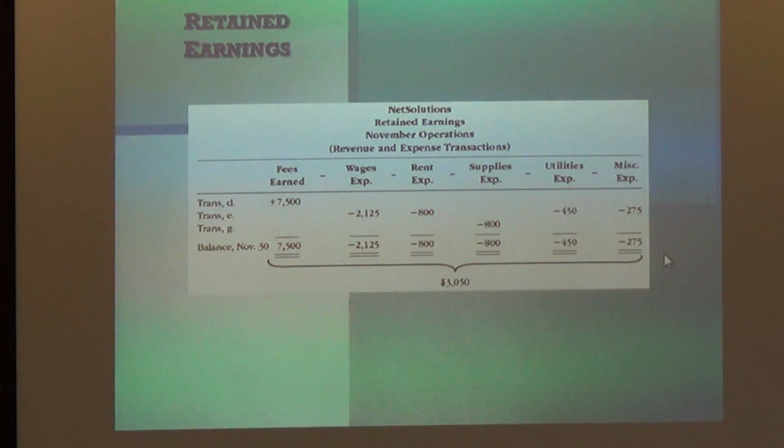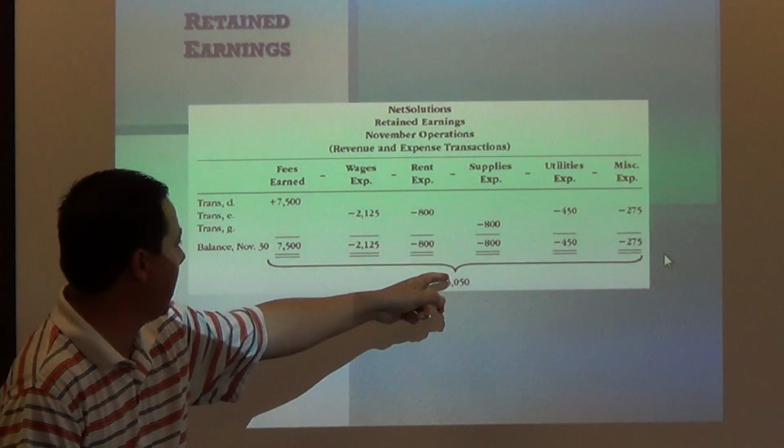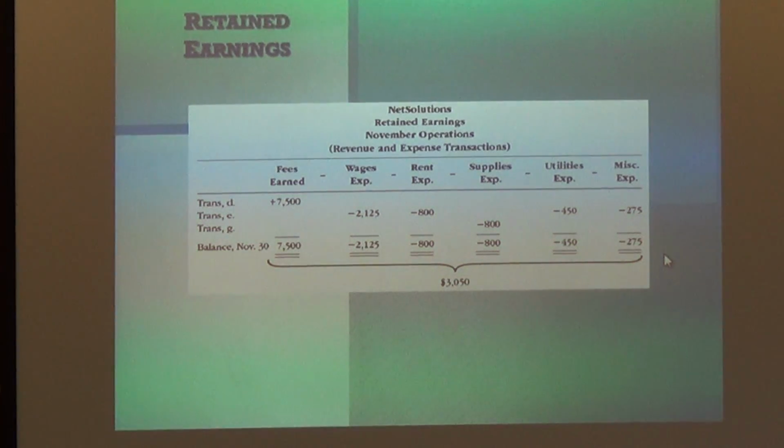All right, the next thing we have is the retained earnings. What that basically means is, what are we retaining from what we made? So we had our income statement. I don't know what it showed we made. Looks like we have $3,000 there. So as a part of that, we're going to take that information and put it into my balance sheet as part of my retained earnings.